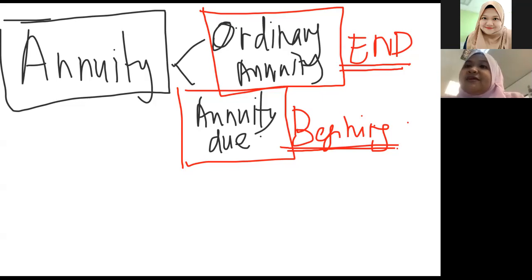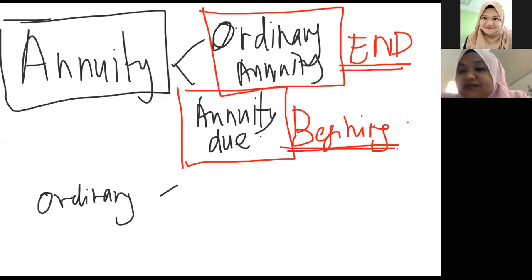Okay, all right. So when dealing with annuity, either ordinary annuity or annuity due, the same thing is what you are going to calculate. In ordinary annuity, you will calculate present value, and you also will require to calculate future value.